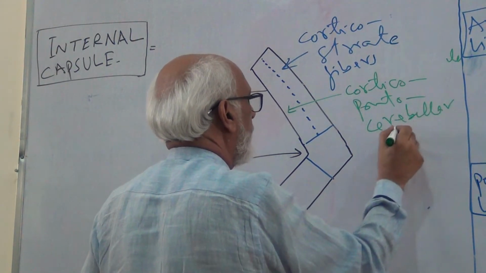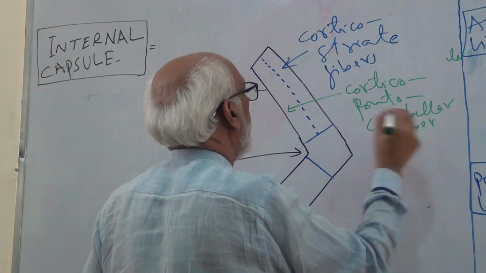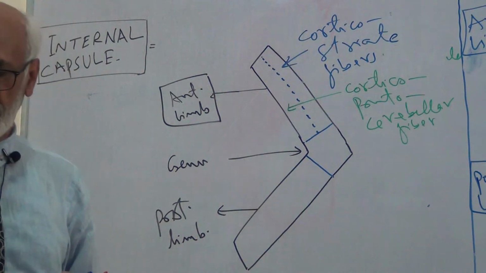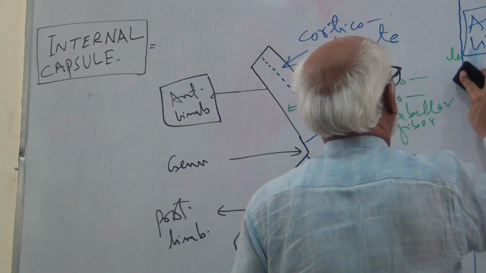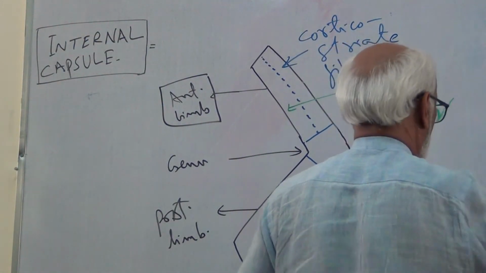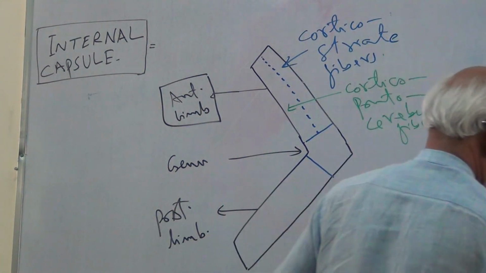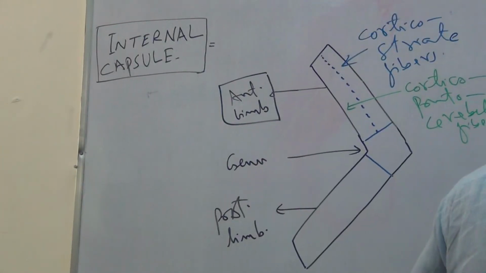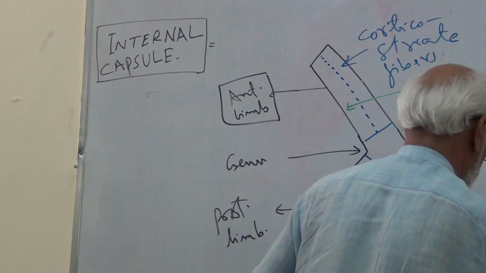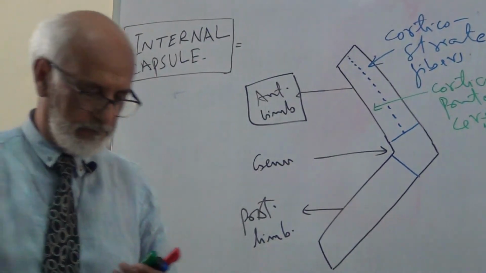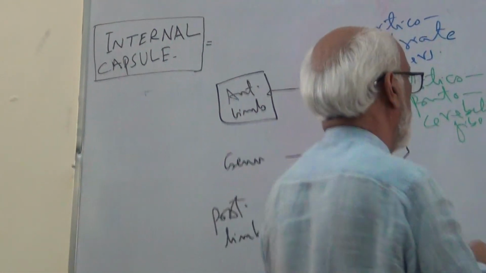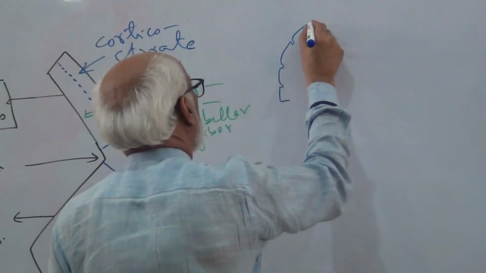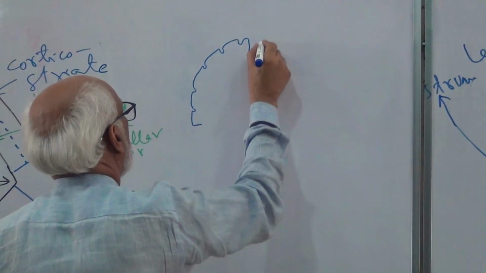Cortico-ponto-cerebellar fibers pass through it. Now, front view of the right and left cerebral hemisphere section.